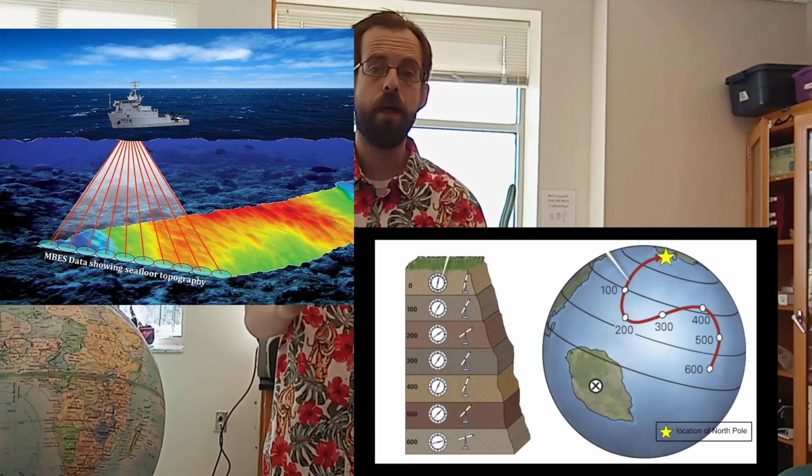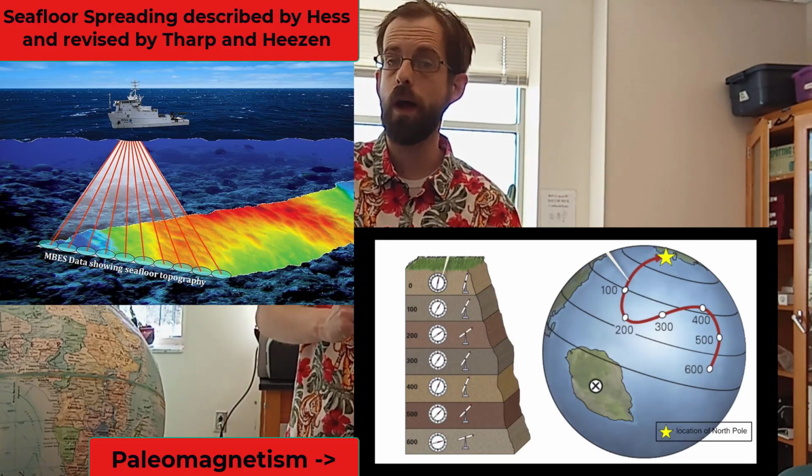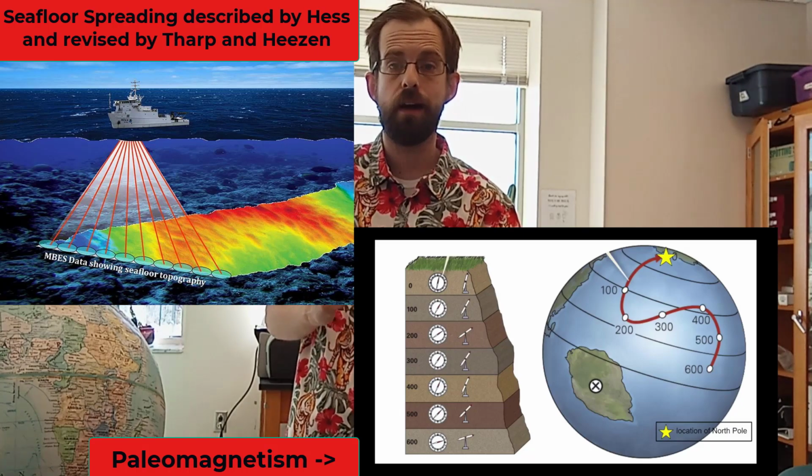In lab, we're going to set sail on the open seas. We're going to look at data collected by oceanic institutes to be able to understand that there are lots more lines of evidence that work very well with Wegener's concepts.